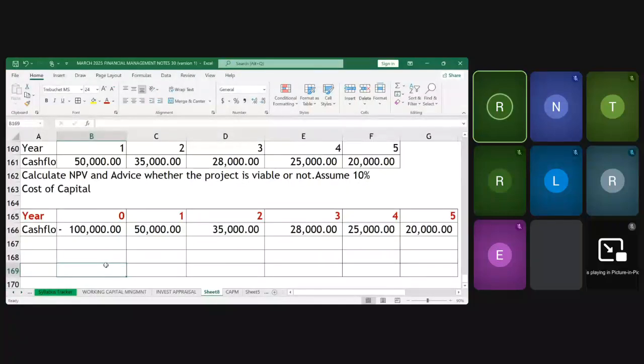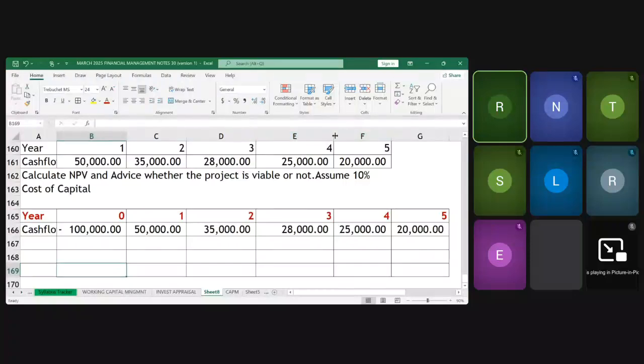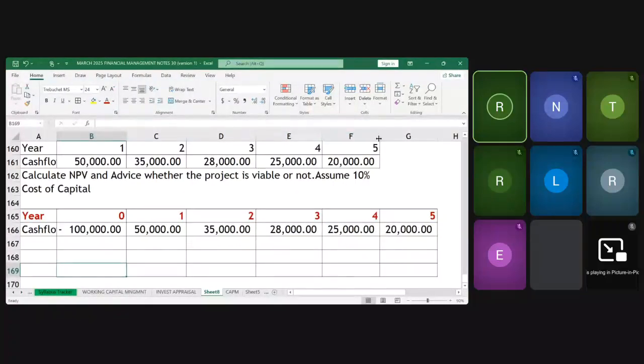But for the meantime, let us copy down all these items in our Excel, right? I want you to make use of your Excel, right? Can you please copy down these values so that we can calculate NPV together? Please do that very quickly.